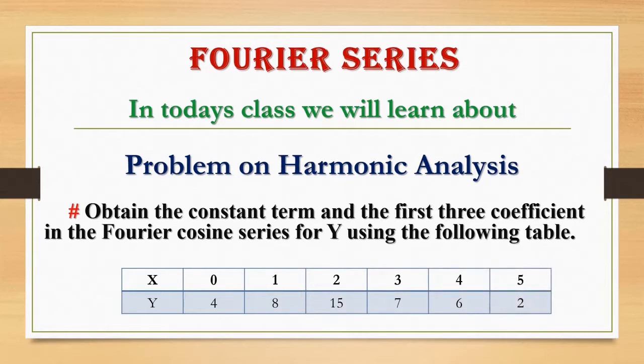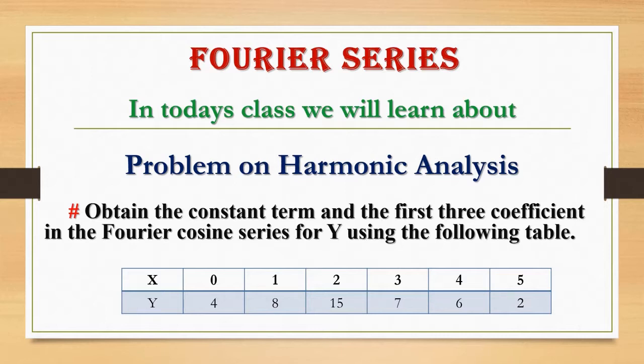In today's class, we will learn about a problem on harmonic analysis. The problem is: obtain the constant term and the first three coefficients in the Fourier cosine series for y using the following table.